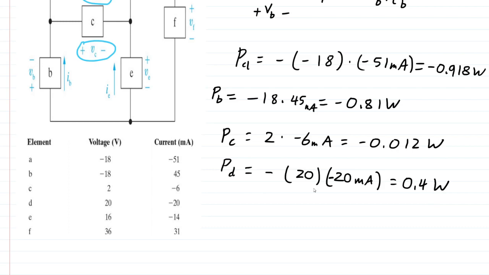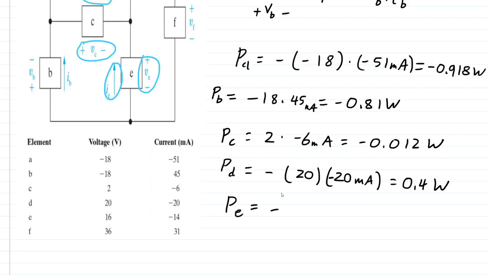For circuit element E, we're going to notice that we have current flowing from minus to plus once again, so we're going to have a minus in front of our equation. But we also have a negative current, so the minuses cancel out.